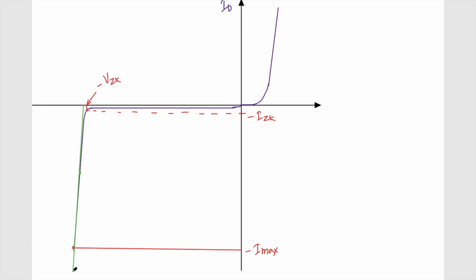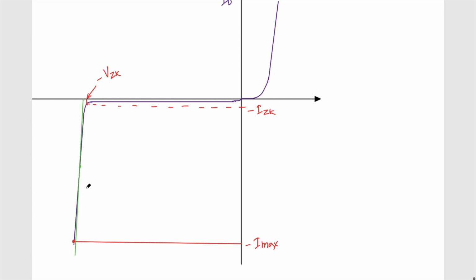Yes, I have approximated this with a straight line, and it is passing through this point, at a value which we call IZT, where Z stands for the Zener diode and T for the test current.